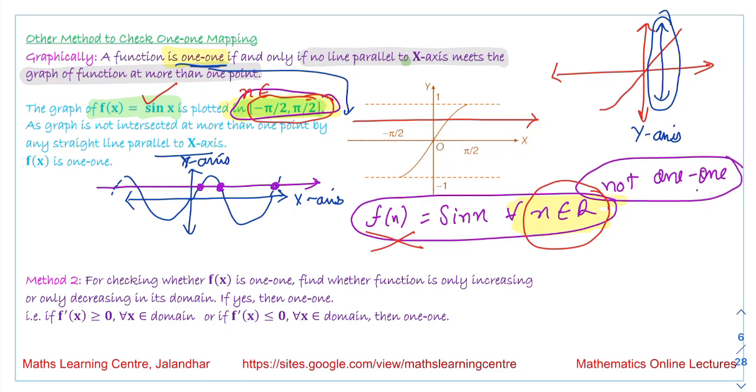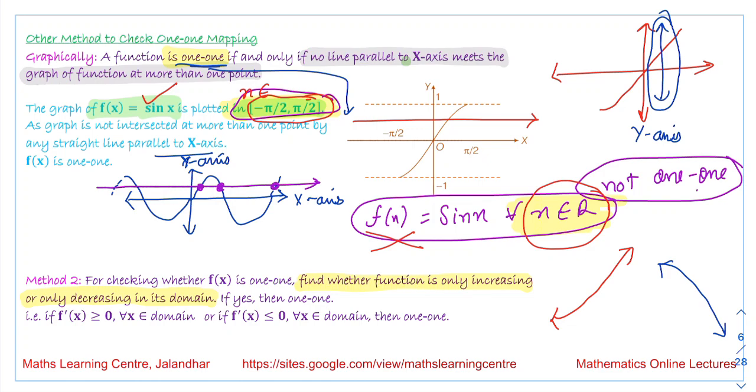The second method to check whether a function is 1-1 or not is the method of derivatives. It is to find whether the function is only increasing or only decreasing in its domain.